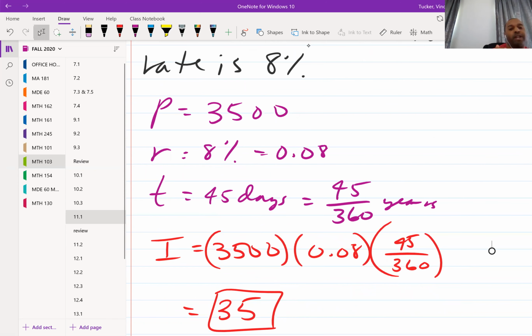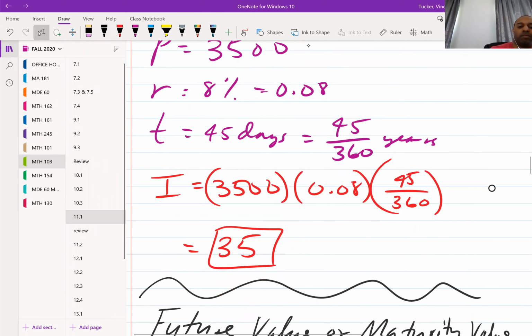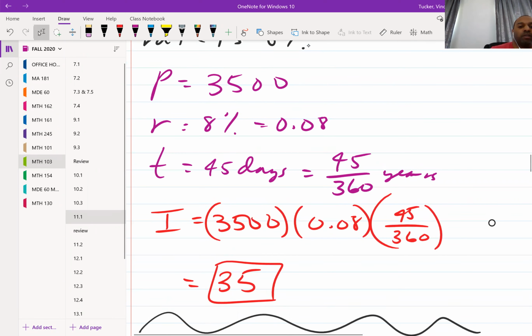Multiplying those together, it'd be $35. All right. Any problems before we look at future value?